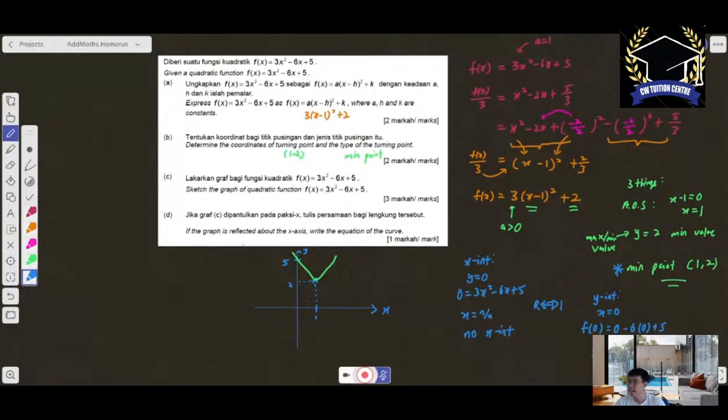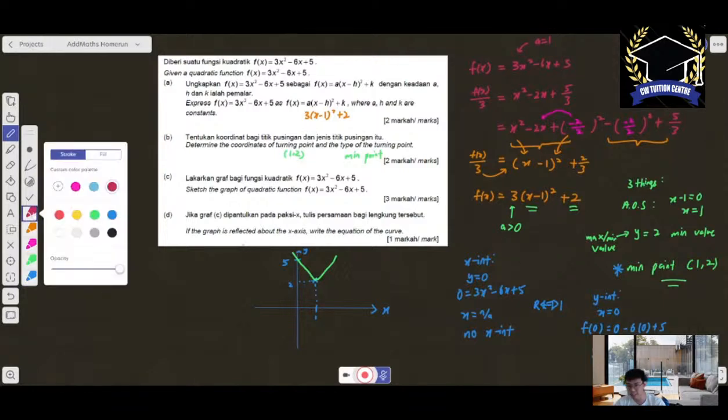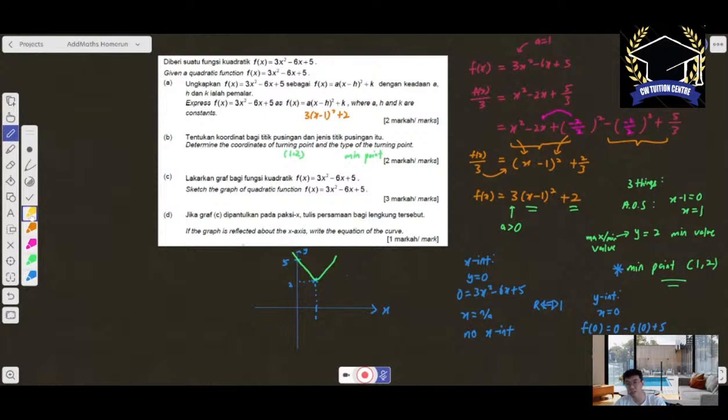Okay, and then we are going to take a look at the last question here, the D here. They say if the graph is reflected in the x-axis, write the equation. Reflected means I will get something like that. So what happened is everything here, f(x) equal to 3(x minus 1) squared plus 2.